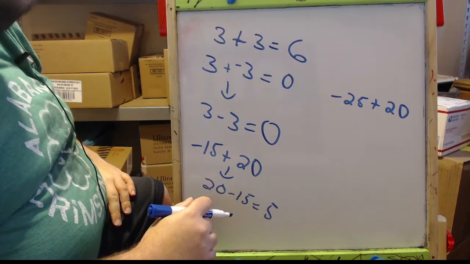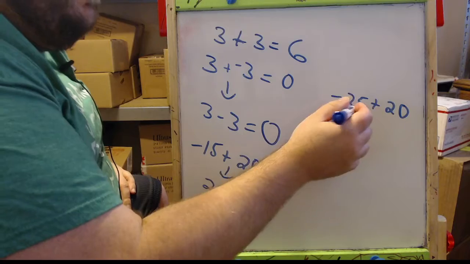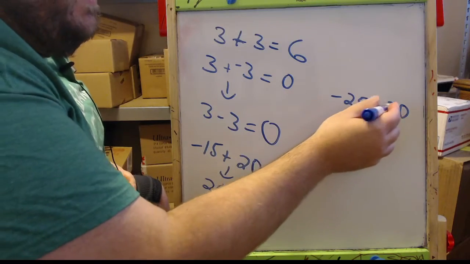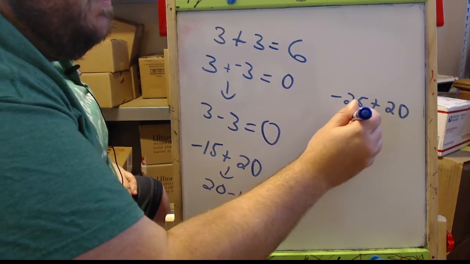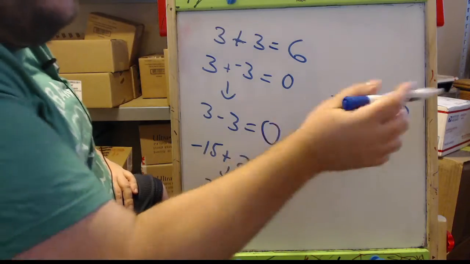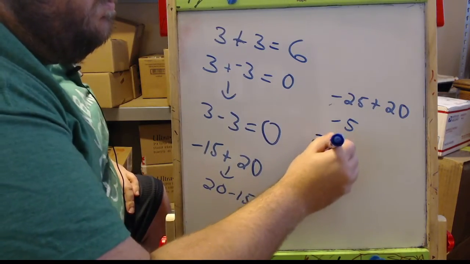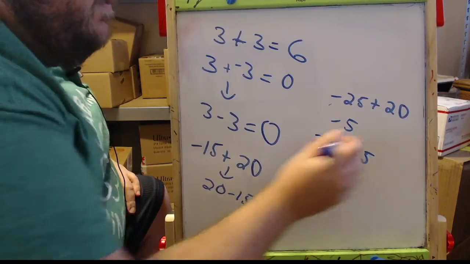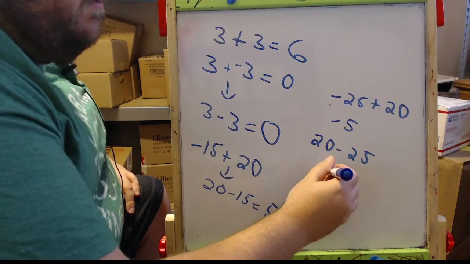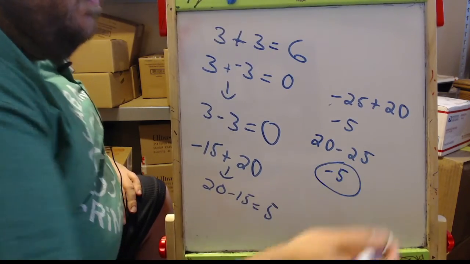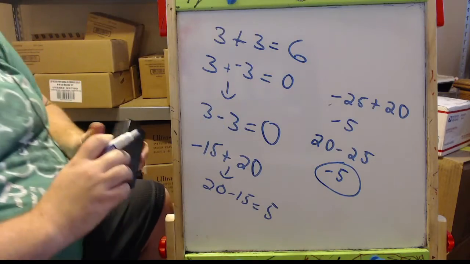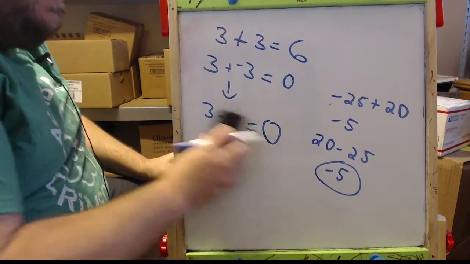Well, we know when we're adding them together that the 20 is going to cancel out and there's going to be negative 5 left over just looking at it. Or you could do 20 minus 25, and we know that there's still 5 in the hole for a negative 5 answer. So that's adding integers.